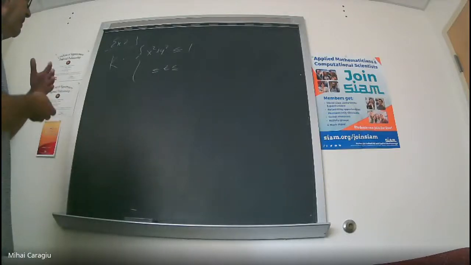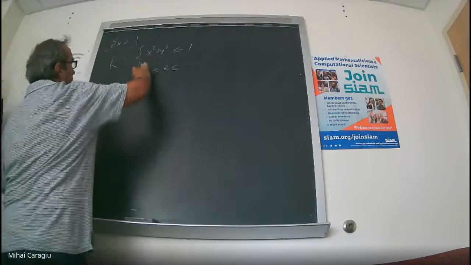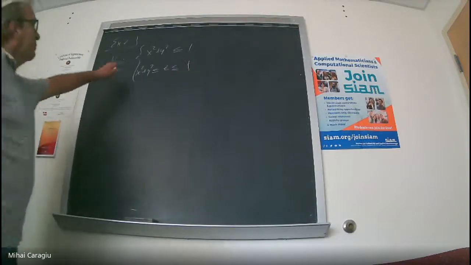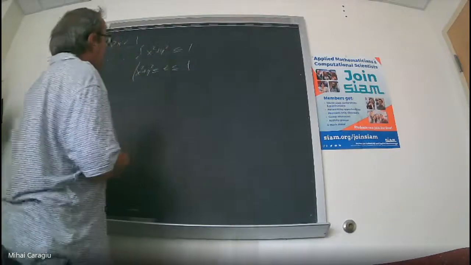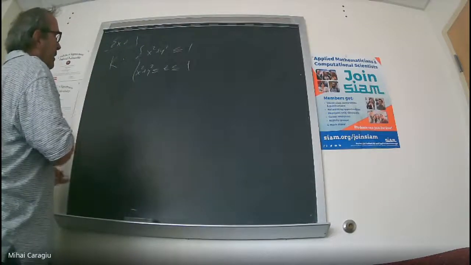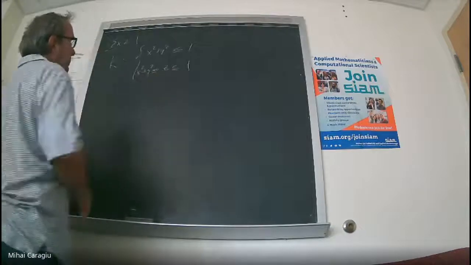Let it be simple with respect to the z-axis. Z is between x squared plus y squared and 1. So everything evolves within a solid cylinder centered around the z-axis with radius 1, and between a lower surface, which is a paraboloid, and the upper surface, which is a plane.